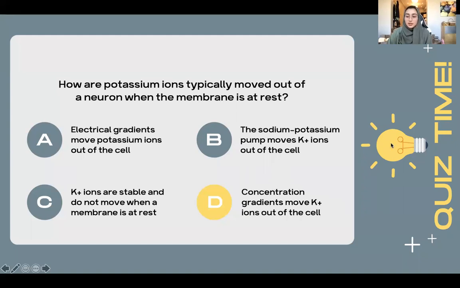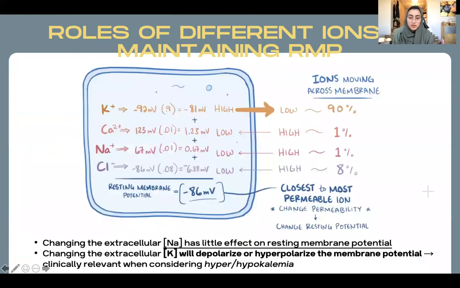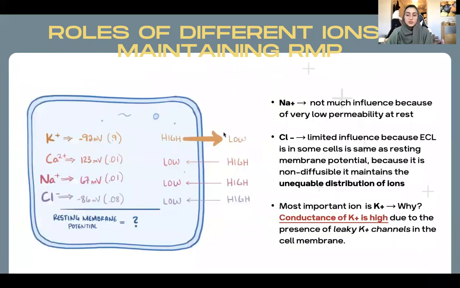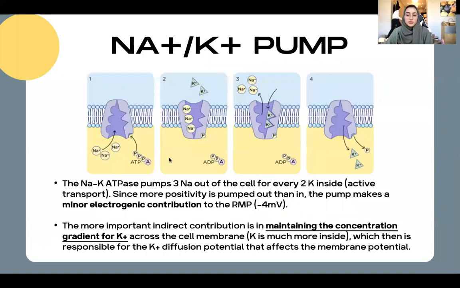But why is it outside and not inside? Manal, for which one? Right, for option D? Because if you look at it here, as you can tell, this is my favorite picture, but as you can see here, potassium is most concentrated inside the cell, right?